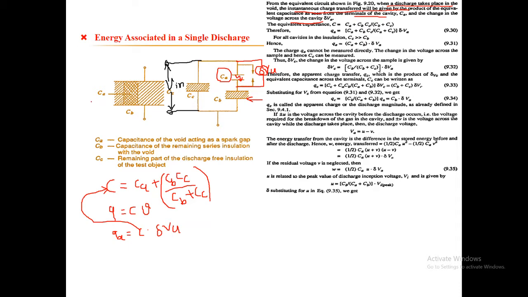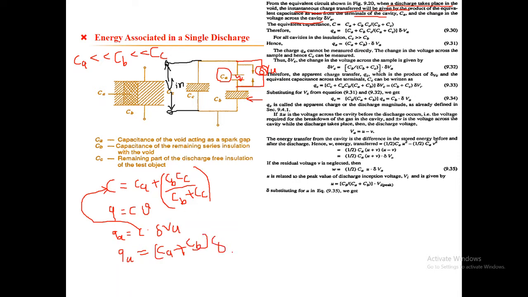If we consider the relationship that CA is less than CB, which is less than CC, then QA reduces to QA equal to CA plus CB into delta VA.